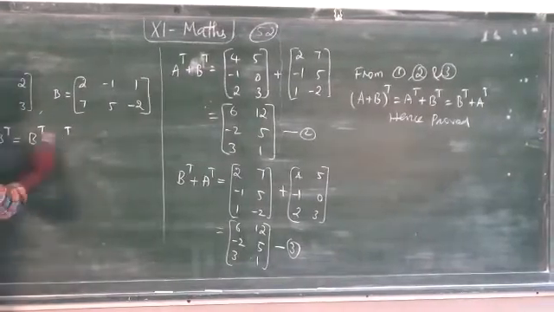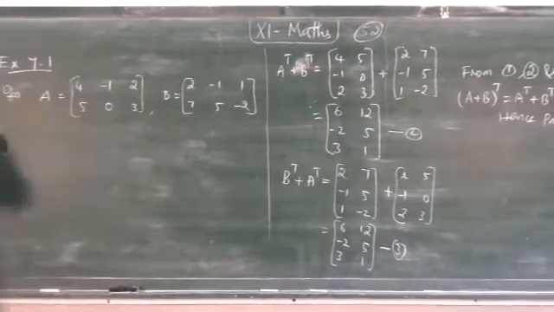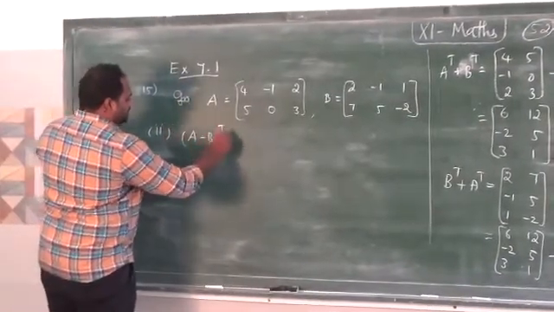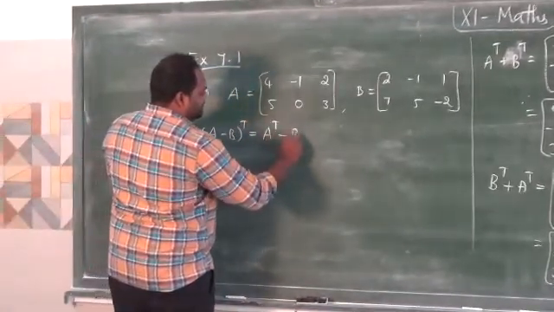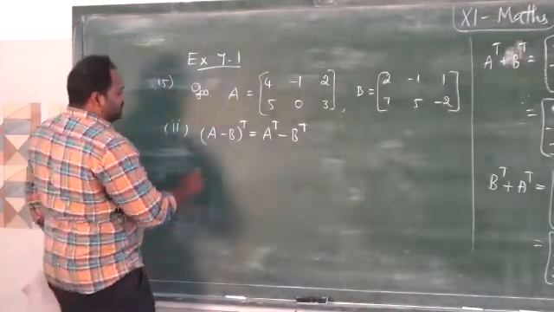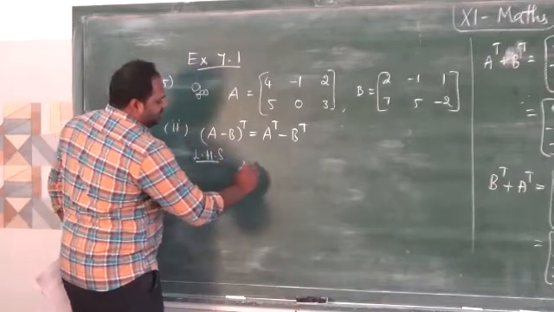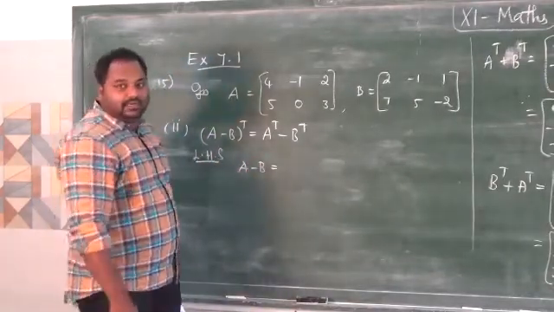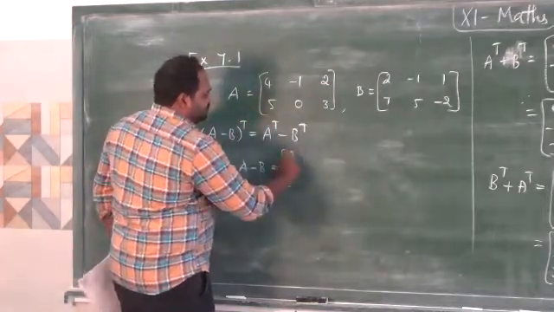The second statement is (A minus B) transpose equal to A transpose minus B transpose. Here I am going to prove LHS equal to RHS. First let me take the LHS side, A minus B. We can subtract the matrices directly. 4 minus 2 is 2.